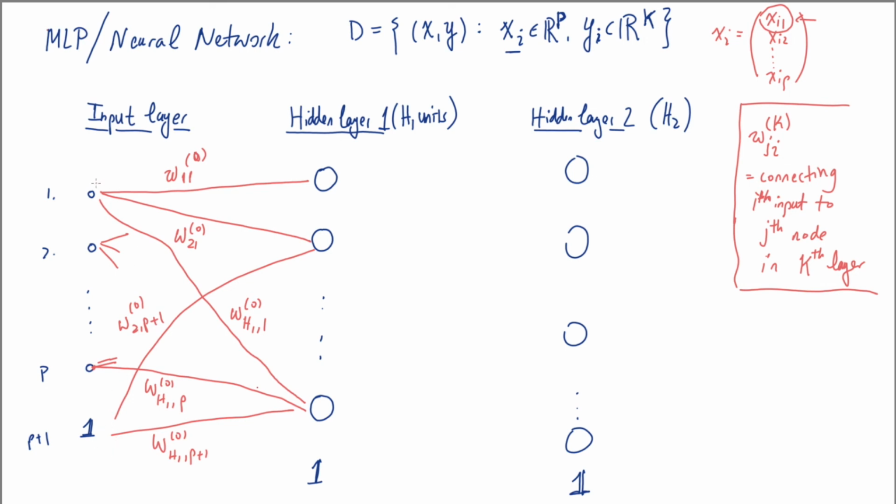So between the input layer and the hidden layer with h1 units, we can actually count the number of weights. We're going to have p plus 1 times h1 total weights, because we have p plus 1 inputs, each one has h1 connections, so that means p plus 1 times h1 total weights.